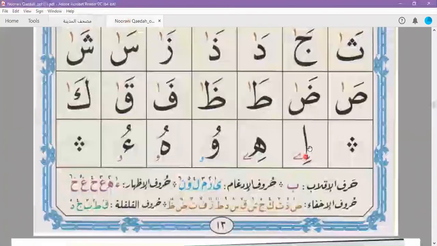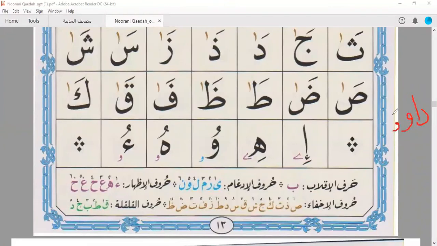Same goes with the other letters like waw dhamma, waw saghira. When there's supposed to be two waws together, the second waw is made a small waw. Okay, so for example, you have the word dawudu. So waw dhamma and waw saghira.